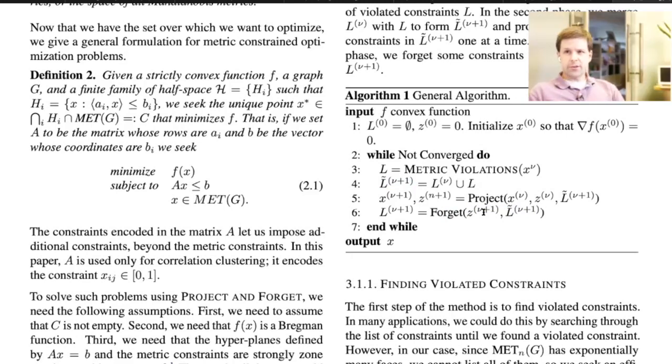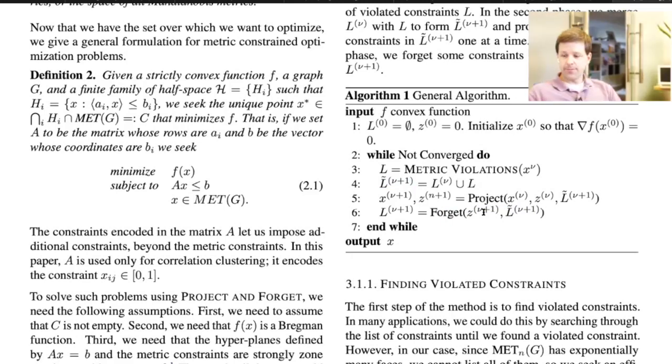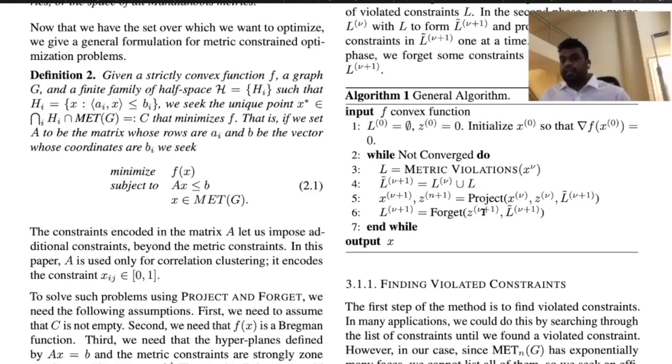So what's the intuition with forgetting the constraints? I understand the computational one, which is to get rid of irrelevant stuff, but are there other intuitions there? You're forgetting inactive constraints is basically what's happening. What you're left with at the end is active constraints, the ones that you will remember, and inactive constraints are the ones you will forget.